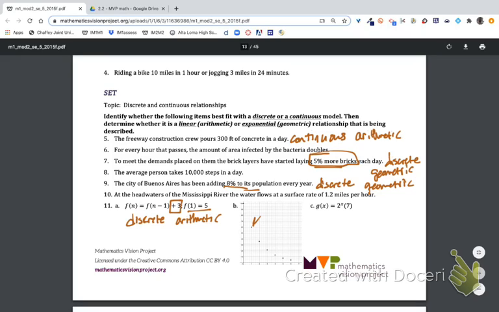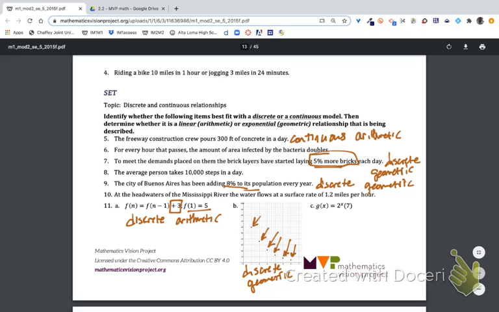For B, we have individual points. Individual points means that we are talking about a discrete model. And because this is not going down in a line, but instead in an exponential decrease or decay, we call it a geometric relationship.